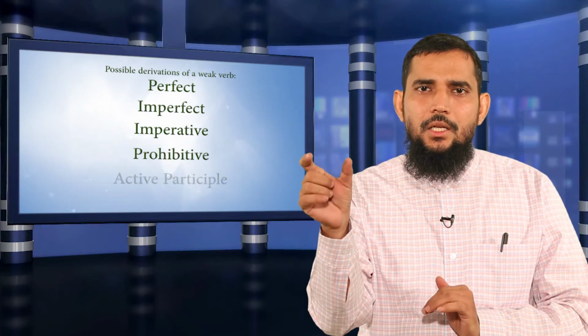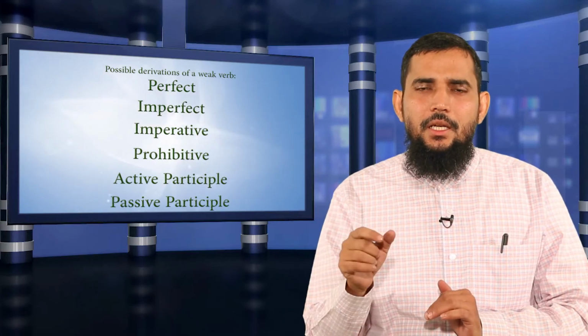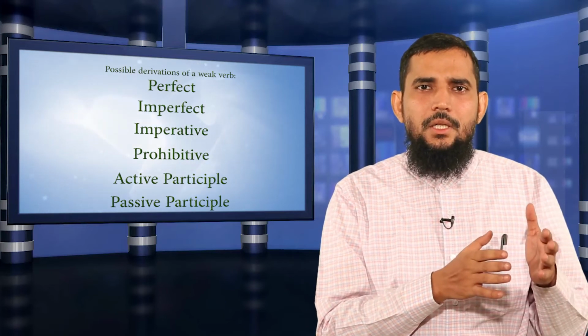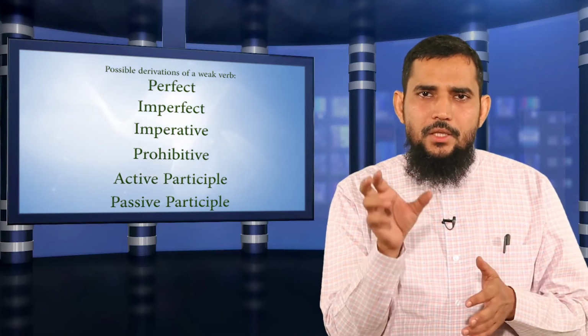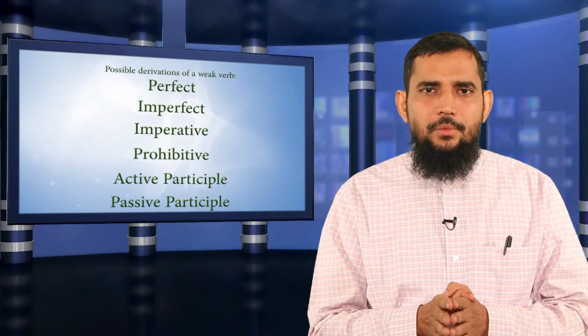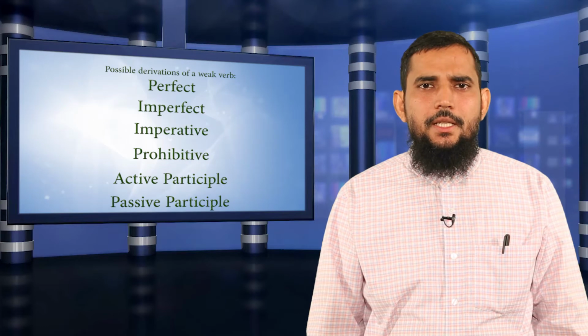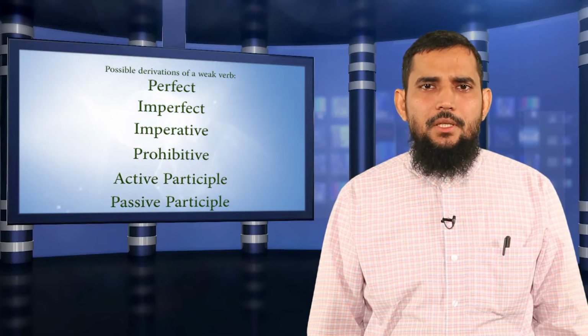Now let's move to another topic. The topic is the same, obviously. Another point related to this topic: possible derivations of a weak verb. For example, I have qala, he said. Is there any possibility to form other verbs, other nouns from this root? Yes, there is a possibility. I will give only a few examples.